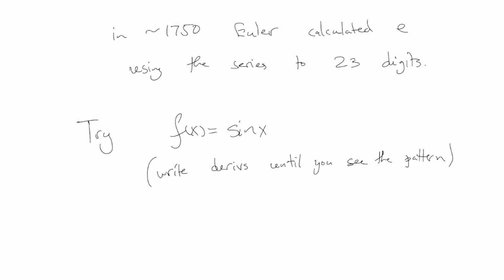They were all e to the x, which made it easy. This one, they are not all the same, but you should be able to do the derivative again and again until you see a pattern, and then try and write the series. Just write the series. Maybe we'll all talk about the interval of convergence together. But I want you to see if you can work out the coefficients.